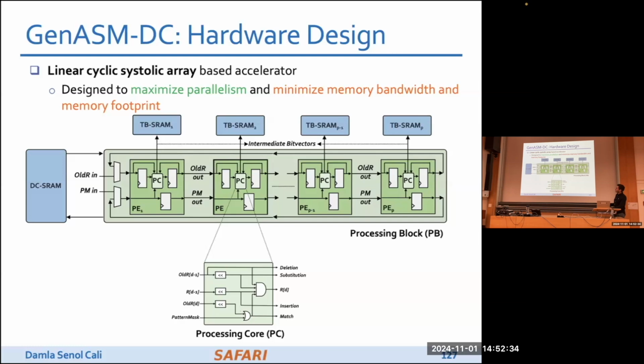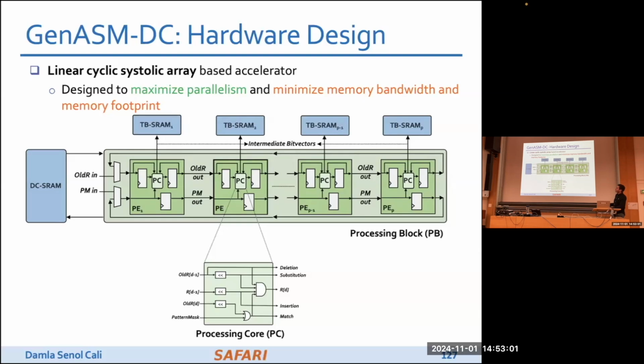So in the distance calculation part, we rely on a systolic array structure because the BiTAP algorithm is a simple bitwise-based algorithm. It includes some bitwise operations using bit vectors. So this means that you can have simple logic, and the output that you're generating in the previous step will directly be consumed in the next BiTAP step. So you don't necessarily need to move this data far away from where it is stored, right?